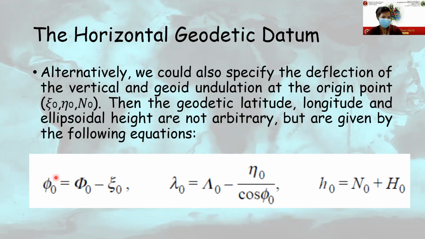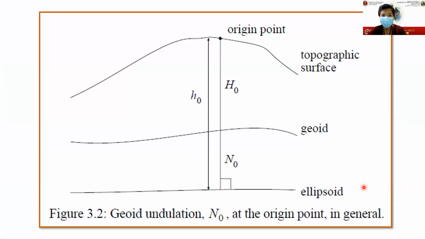So we have the latitude, with the latitude O minus the latitude of a certain point. We have the longitude of the certain point minus the N, which is the undulation, over the cosine of the latitude. H0 equals the orthometric height plus the ellipsoidal height.